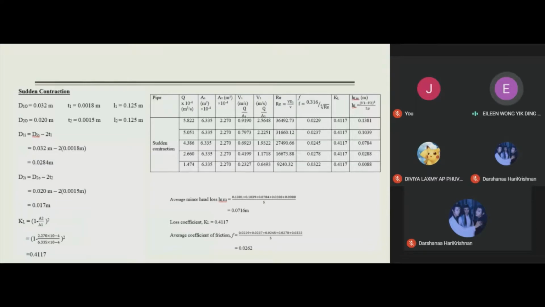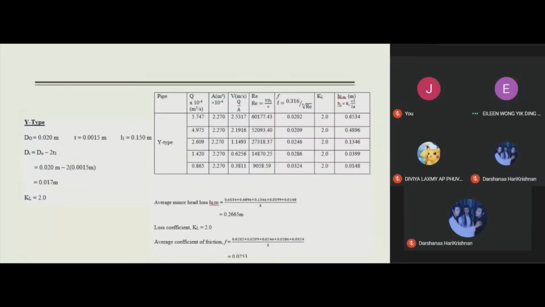So using the same calculation method as the sudden enlargement, we can get the average minor head loss equal to 0.0716 meter, the loss coefficient is 0.4117, and the average friction coefficient is 0.0262. Next.